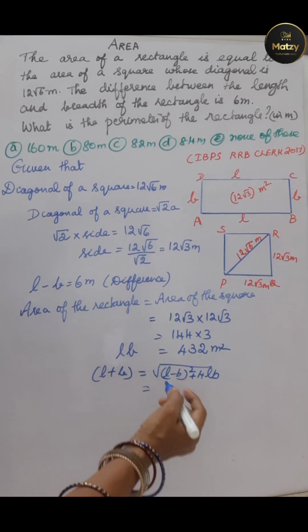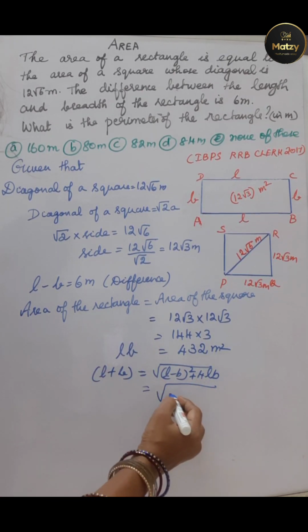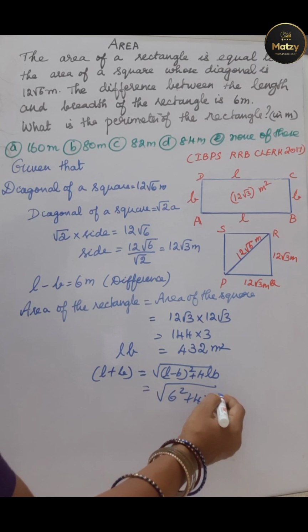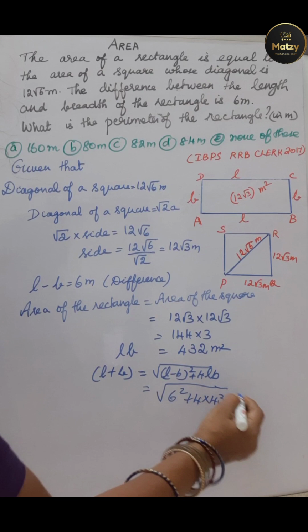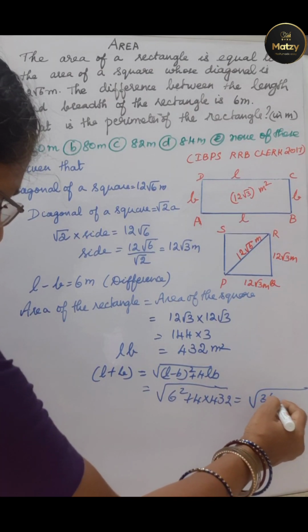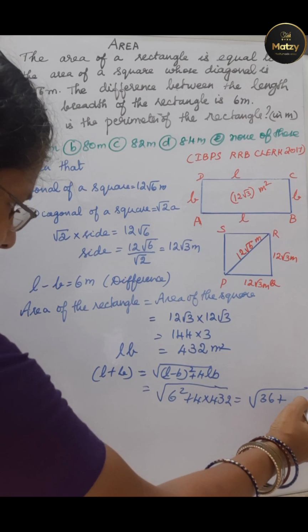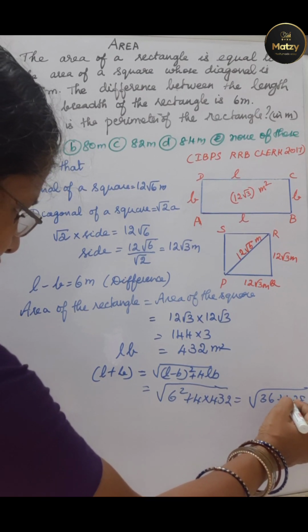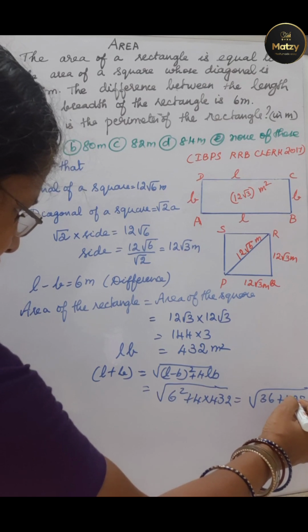What is L minus B? 6 meters. So 6 square, that is 36, plus 4 into 432. 4 twos are 8, 4 threes are 12, 4 fours are 16, plus 1 is 17.